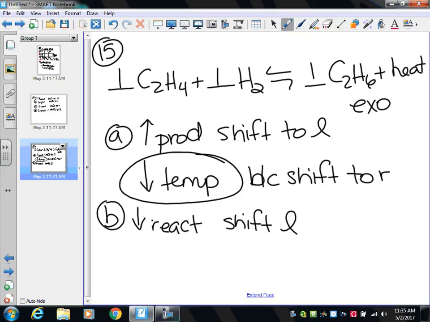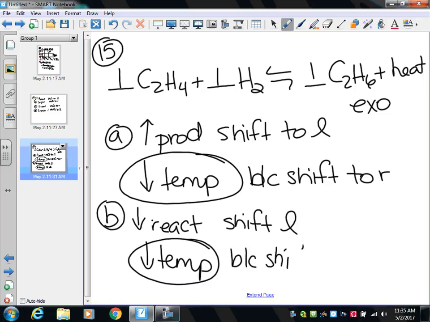So what am I going to do with my temperature? Decrease it. Decrease the temperature. Right. How do you decrease the temperature for shifting away? So when we look at an exothermic reaction, on your sheet there, you want to find the one, there's two of them, there's an increase and a decrease for exothermic.